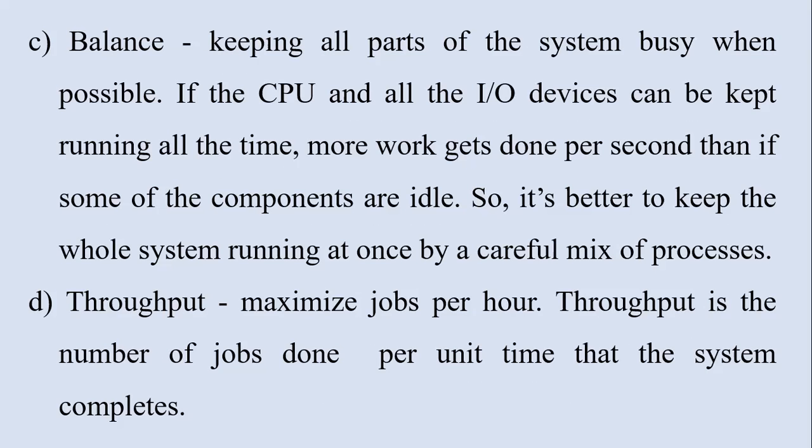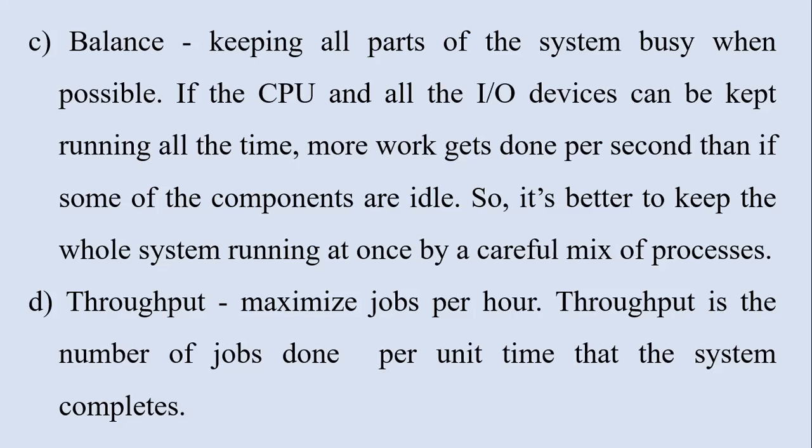Number 3 is balance. This is keeping all parts of the system busy when possible. If the central processing unit and all the other input-output devices can be kept running all the time, more work gets done per second than if some of the components are idle.